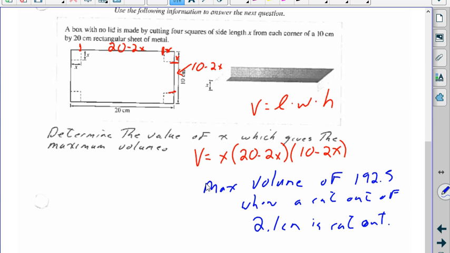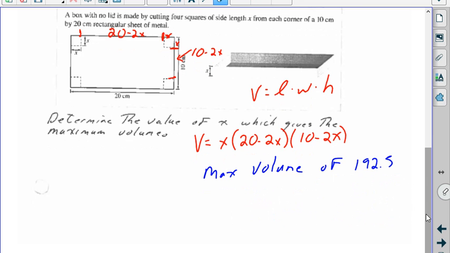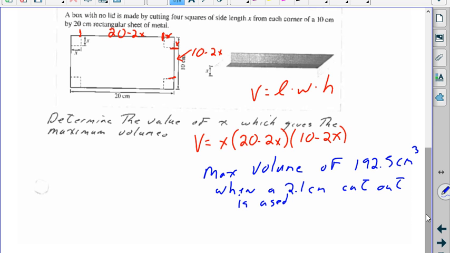Any questions on this? So maximum volume 192.5 cubic centimeters when a 2.1 centimeter cutout is used.